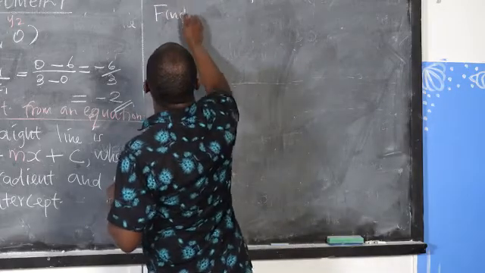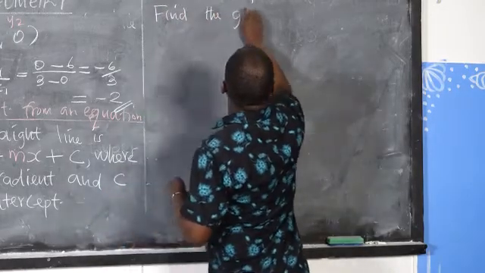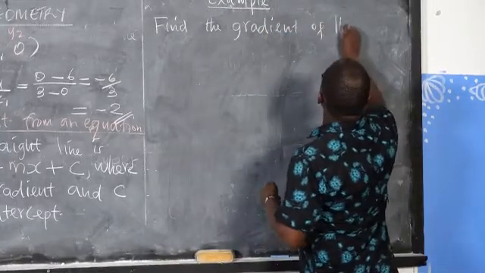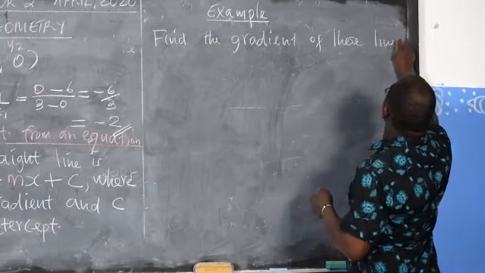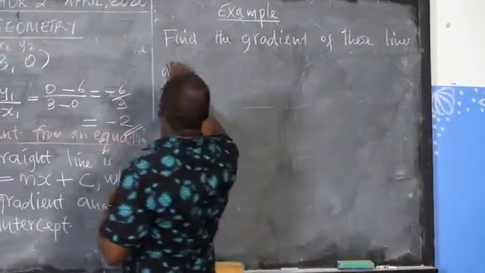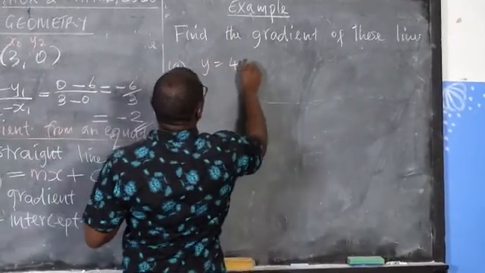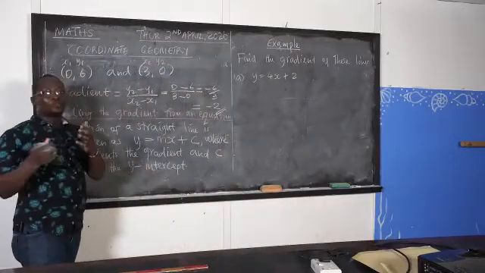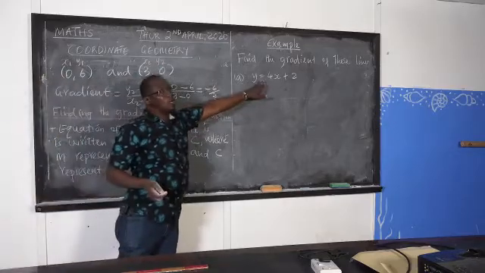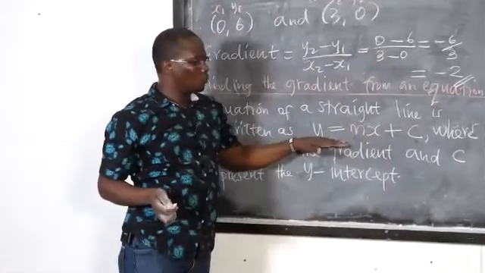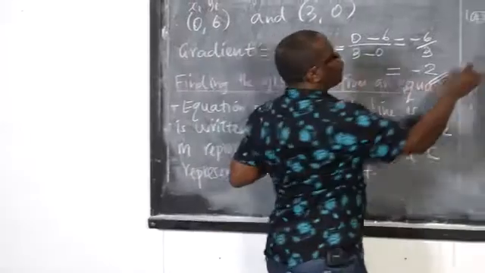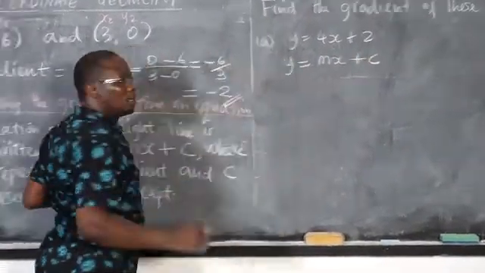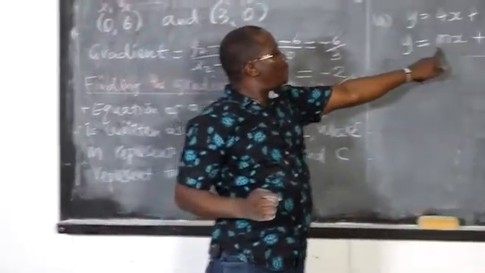So the question would be: find the gradient of these lines. The first line is y equals 4x plus 2. That is the equation of a line. What you need to do is just compare this equation with the general form of equation, y equals mx plus c, where the letter m represents the gradient.